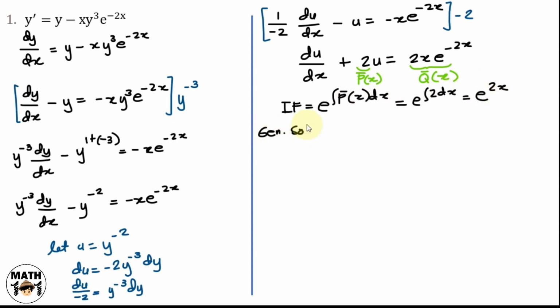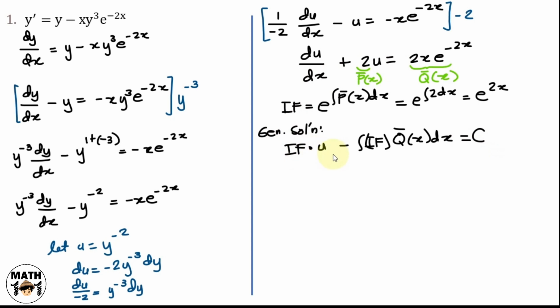The general solution for a linear differential equation is the integrating factor multiplied by the dependent variable. In this case, u na yung dependent variable natin minus the integrating factor multiplied by q as a function of x dx equal to a constant.